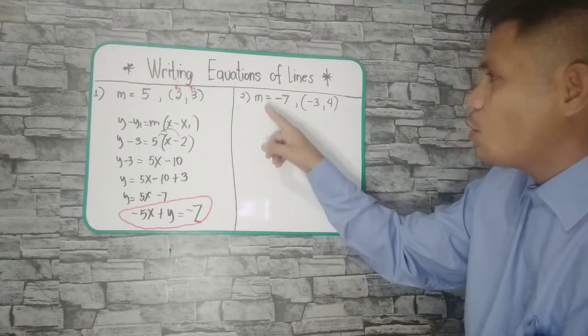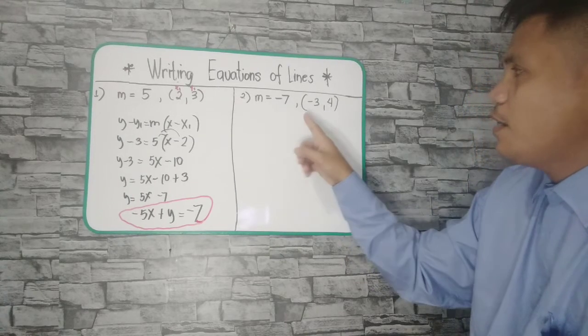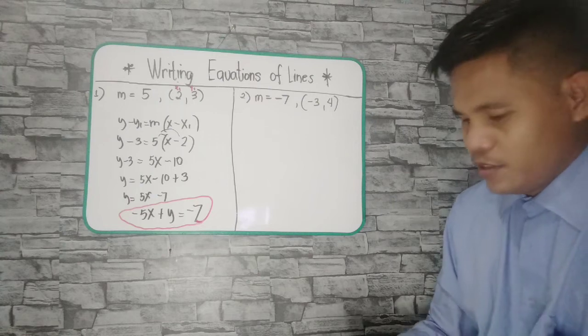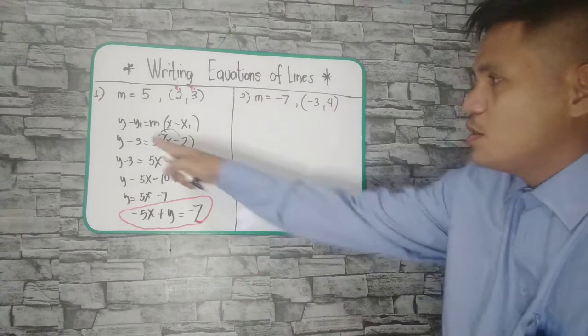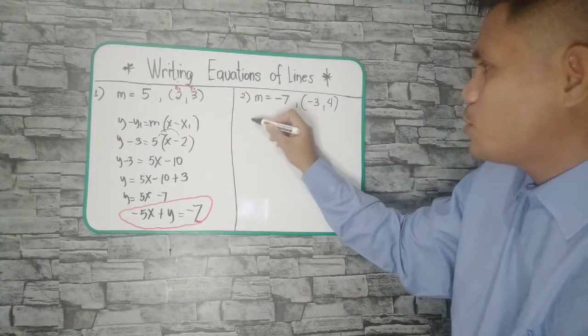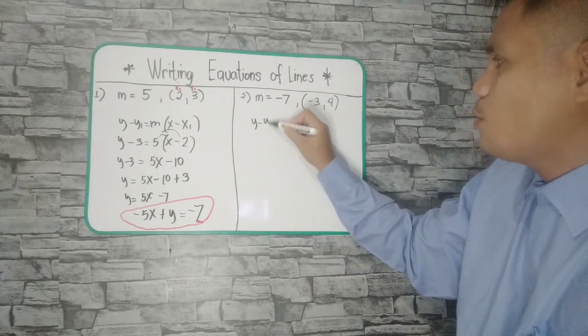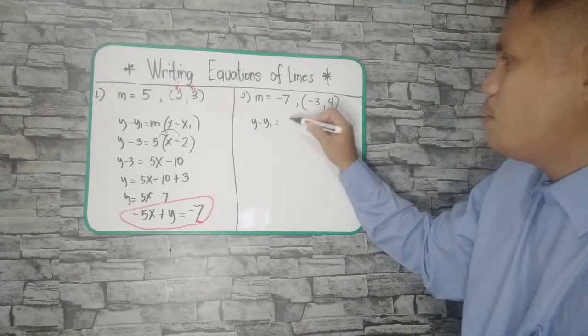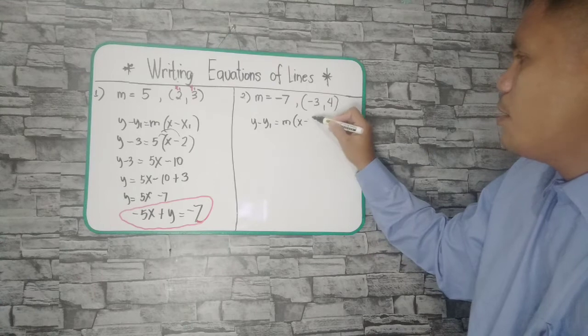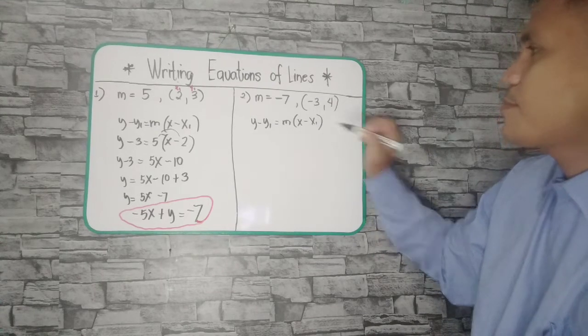So we have the slope is negative 7 and a coordinate (negative 3, positive 4). The same process. This will be our formula for this problem 2. Let's copy it: y minus y sub 1 equals m, or the slope, multiplied by x minus x sub 1.